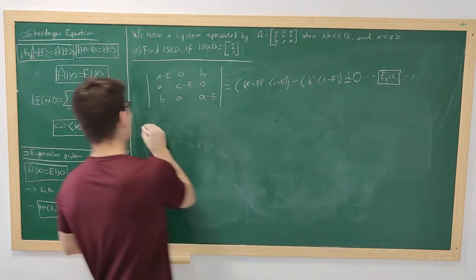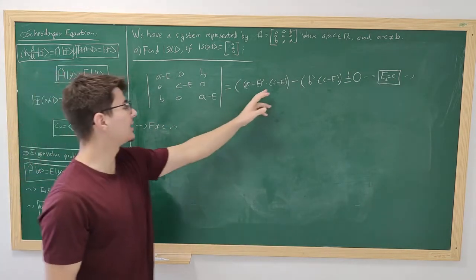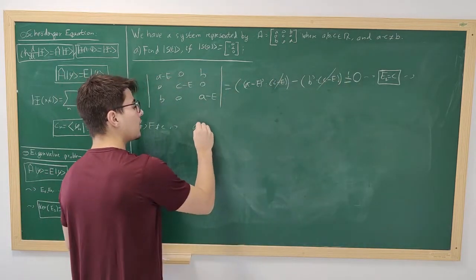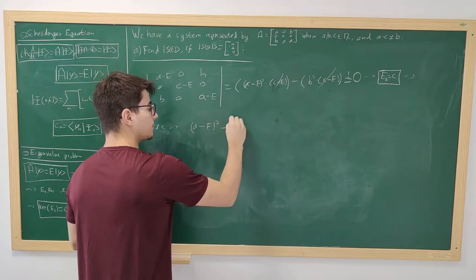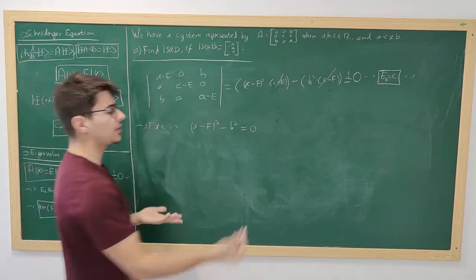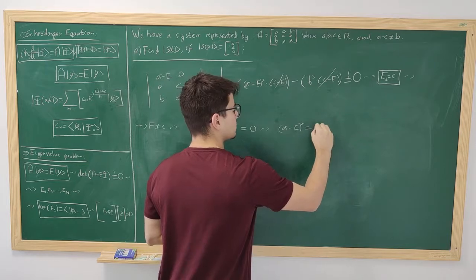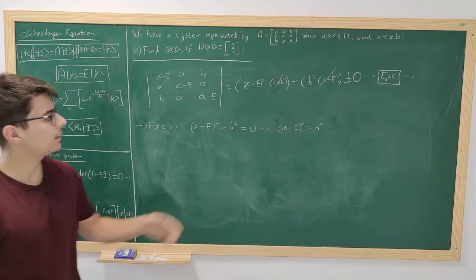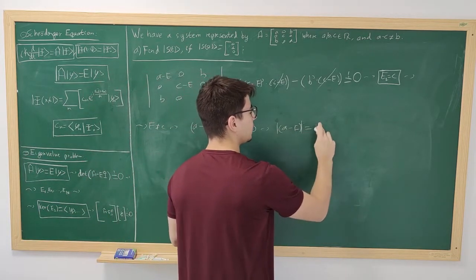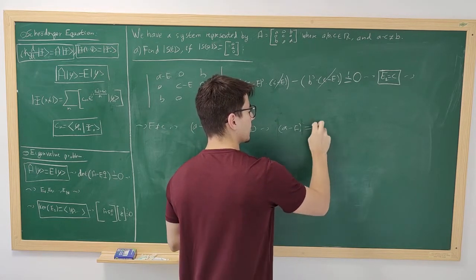Now, what happens if E is not c? In that case, we can divide by c minus E because this term is not 0. So these two terms cancel out, and we have this equation. We can write it like this, putting this square on the other side, and by taking square roots on both sides, we get that the absolute value of this is equal to the absolute value of this, which we can write more easily with a plus minus sign.